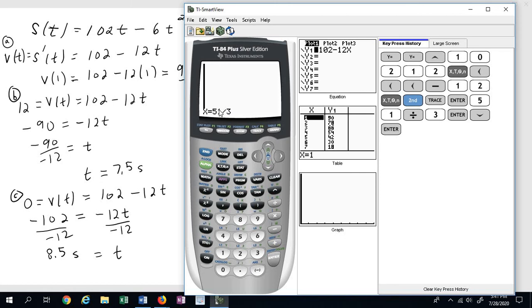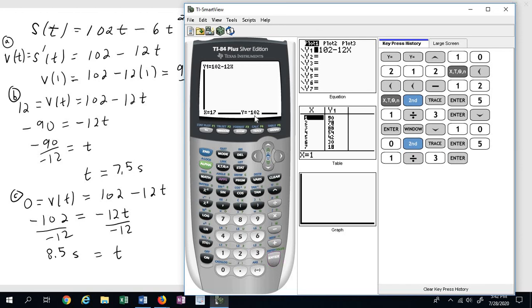So I have to adjust my window. It's telling me that this input is not within the range of my x value, so I'm going to go to my window and just make sure that's large enough. I'm just going to go up to like 100 just to be sure. So 51 over 3 is between 0 and 100. When I go back to calculate the value when x is 51 over 3, it should work.